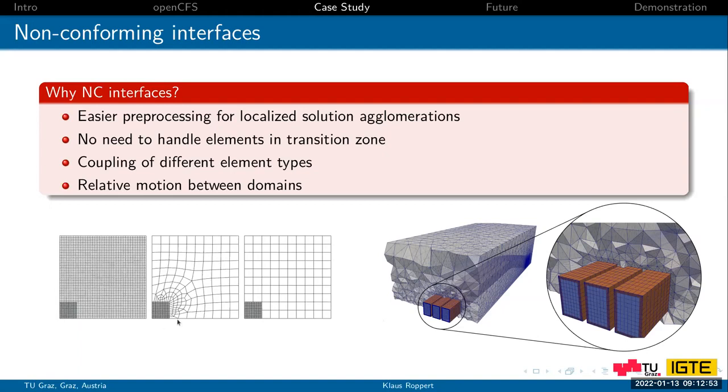You could introduce some transition elements where you might run into trouble of ill conditioning and an increasing condition number of the system. Or the approach we're using is to simply glue the meshes together mathematically via the non-conforming interfaces. And a neat thing about that strategy is that you can also couple different element types across this interface. For example, hex with unstructured tet mesh, without the need for pyramid elements.